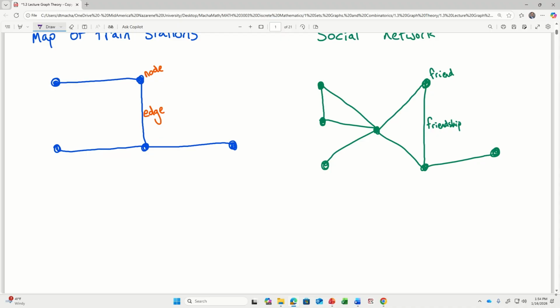I'll give you another one, because I used to work in a refinery, and so one of the things that can be and should be modeled by graphs is, if I have this node, it might represent a chemical reactor, and I could have a directed graph that shows feedstock going into my chemical reactor.